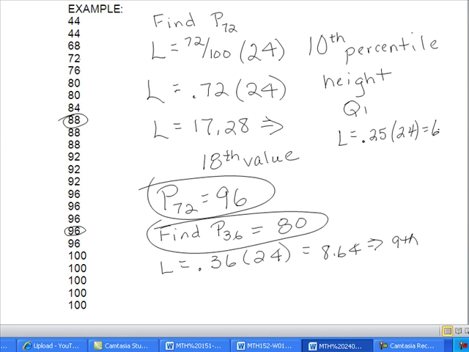Okay, so we got a whole number. So this time we want 1, 2, 3, 4, 5, 6. We want to go halfway between the 6th and the 7th value in the list. And since they're both 80s, it would be 80.